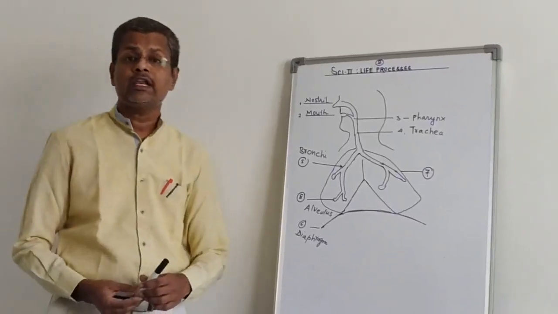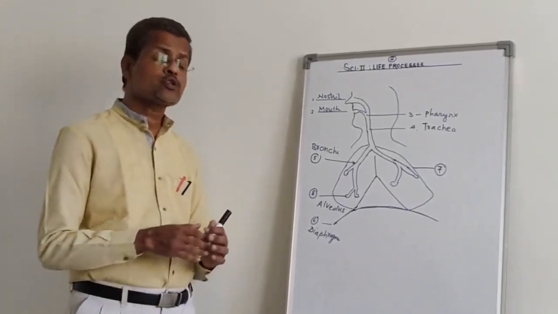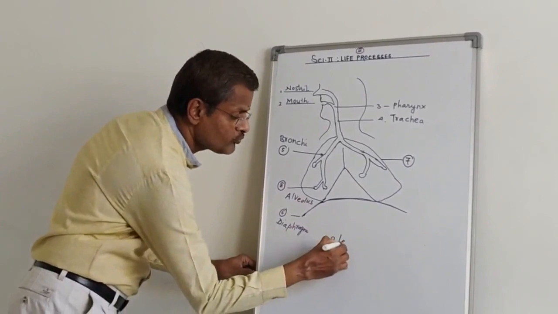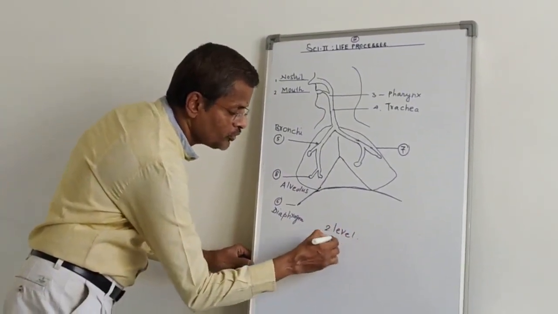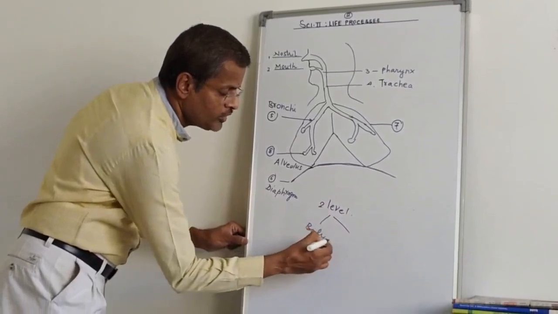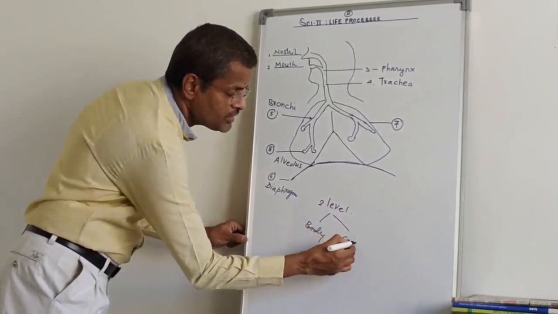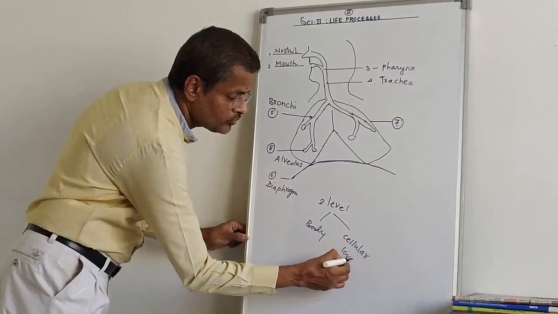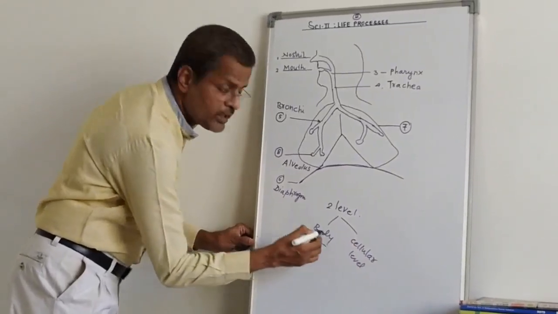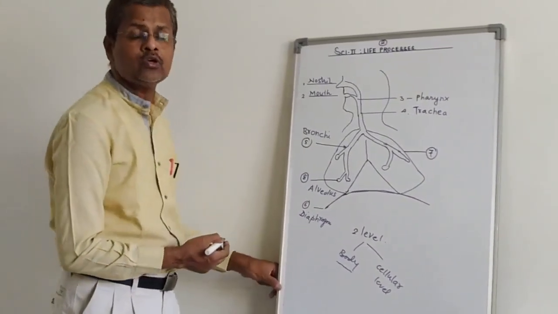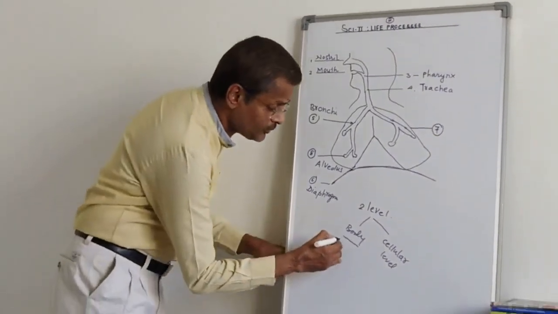In living organisms, respiration occurs at two levels. One at the body level and another one is the cellular level. Body level respiration is called external respiration or breathing.